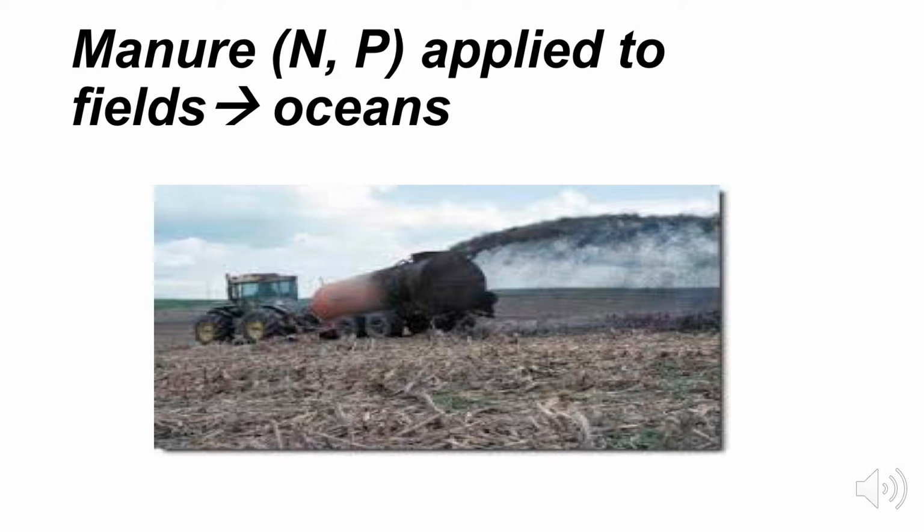Here's an example of a manure spreader. I think this is coming from Iowa. Well, we put that nitrogen and phosphorus on the soil. It rains. Some of it washes off into our local streams, to our rivers, and eventually to the ocean.